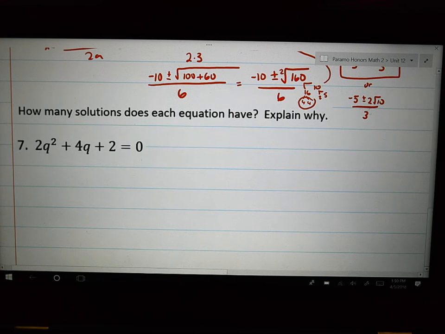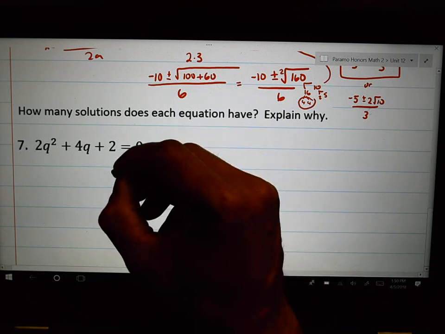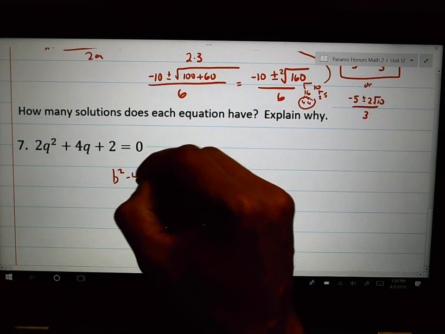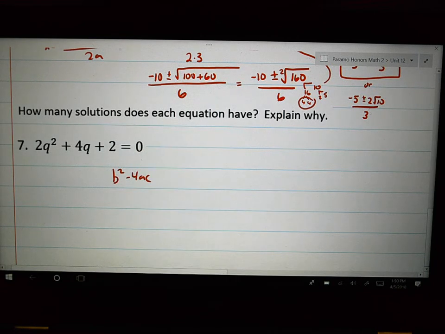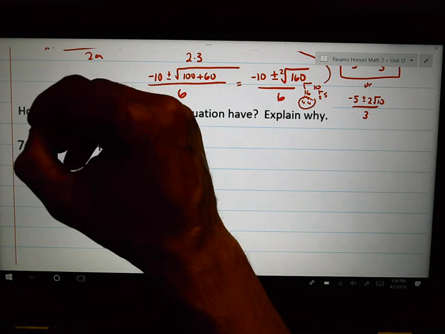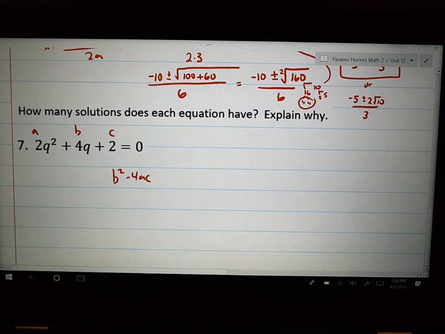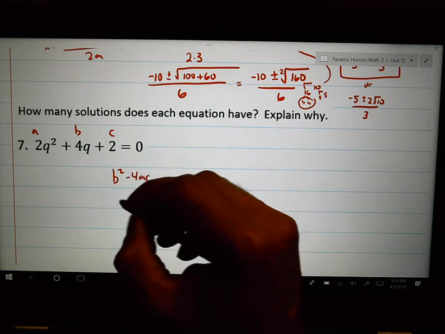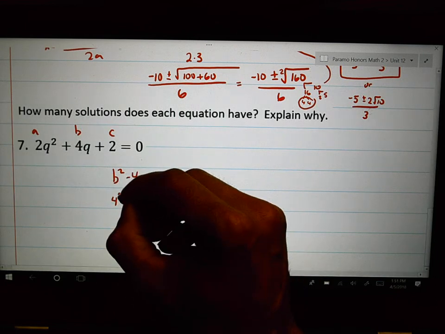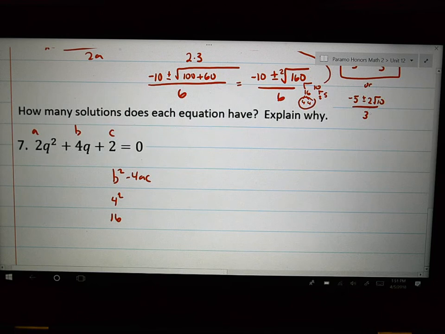If you don't know what the discriminant is, it is the b squared minus 4ac. You're trying to figure out what that is. Is this in standard form? Everything's on the same side. So hopefully you know what b is. B squared. If you want, you can put it as 4 squared, or in your mind, you can just automatically go to 16, which is totally fine.